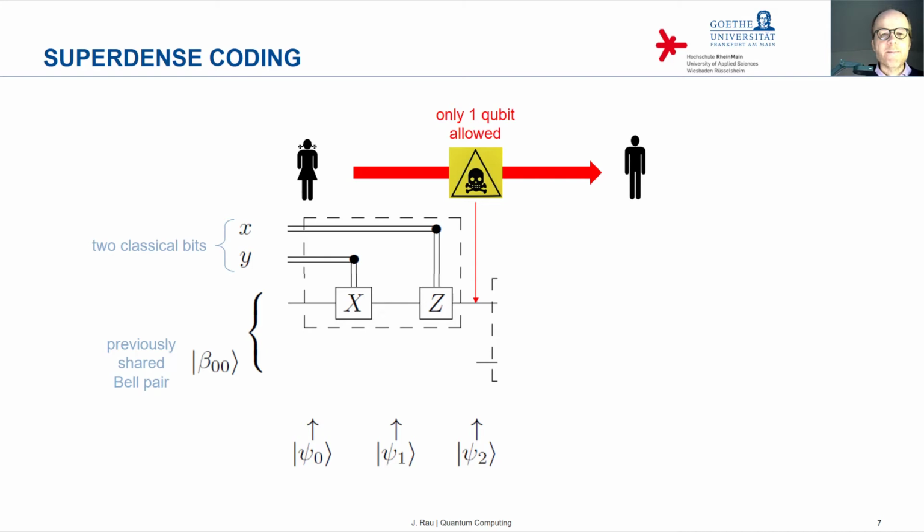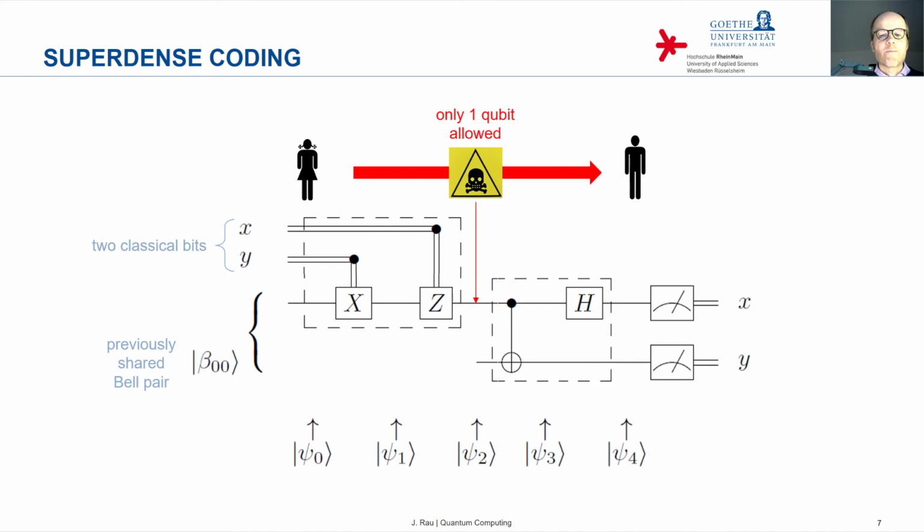Bob receives that qubit from Alice, puts it together with his own member of the Bell pair, and performs on the 2 a controlled NOT. Then on the first qubit a Hadamard gate. And then psi4, we found, was a basis state, xy.